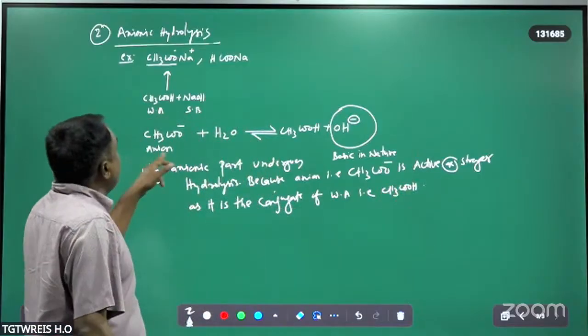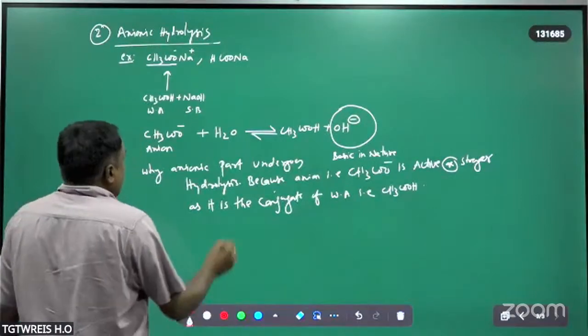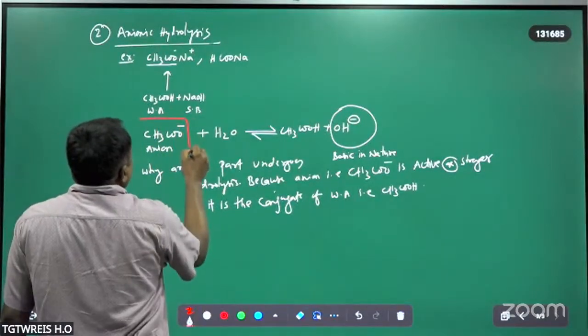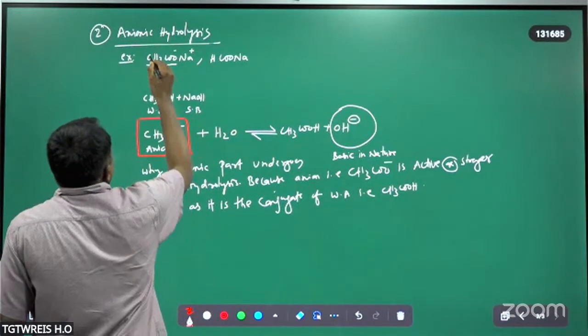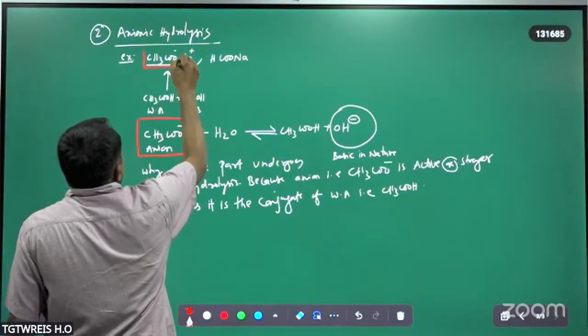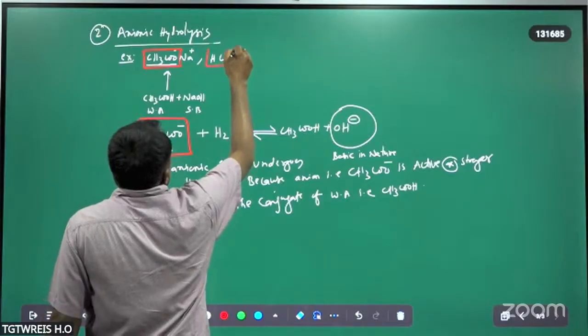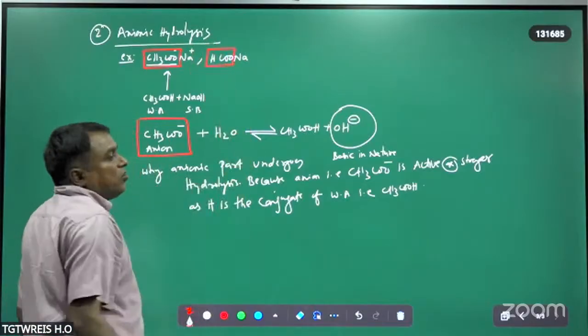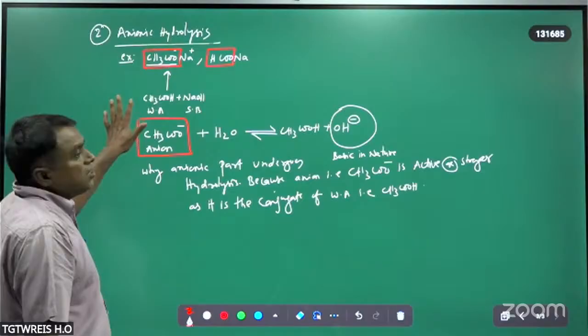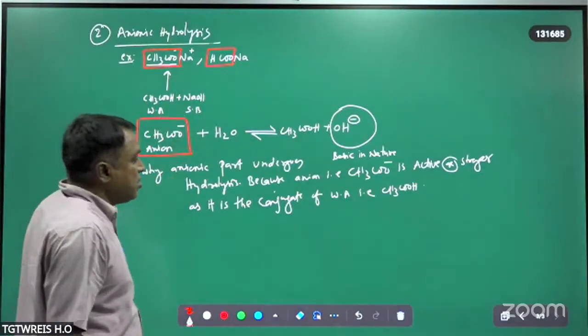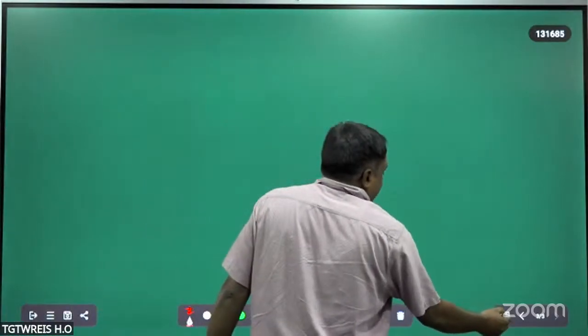That's why only this anionic part is undergoing hydrolysis. So in this, CH3COO- is undergoing hydrolysis. In this, HCOO-, the anionic part, is undergoing hydrolysis. So this is nothing but anionic hydrolysis.